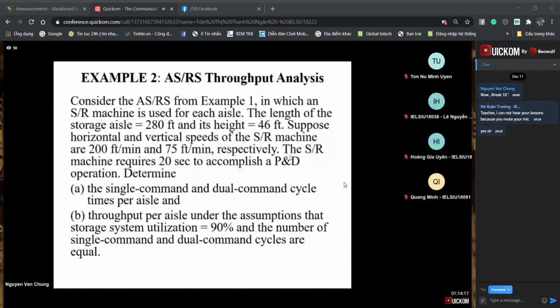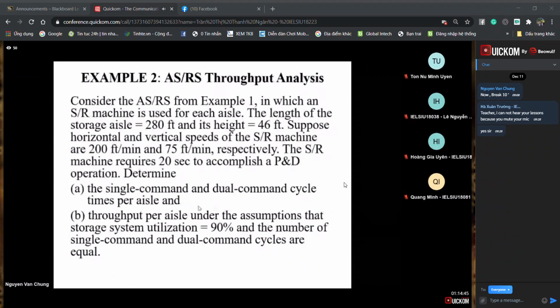The SR machine requires 20 seconds to accomplish a P&D operation. You remember this from that time. Now determine the single command and combined command cycle time per hour.